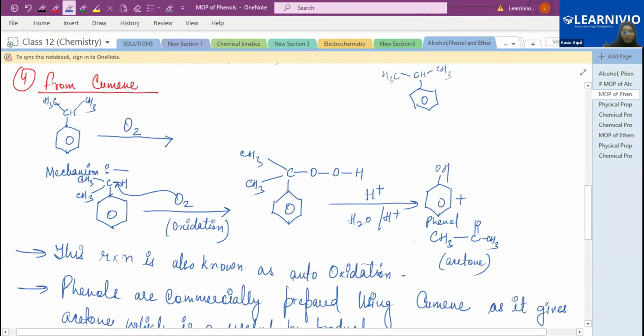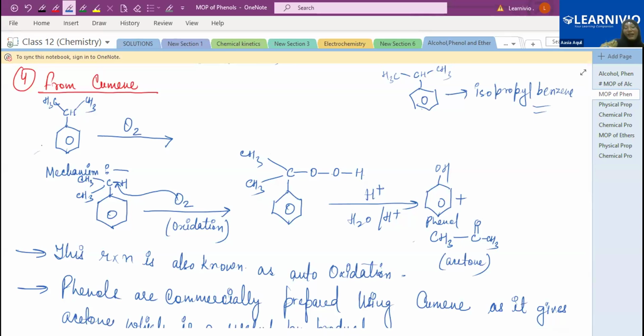So cumene is basically isopropyl benzene. This is the structure. From cumene, how can we prepare the phenol?